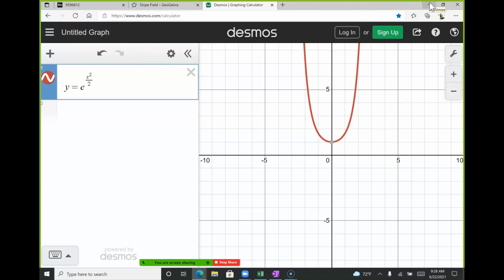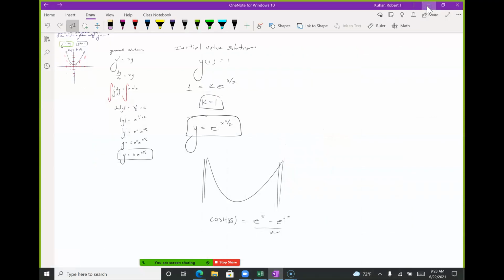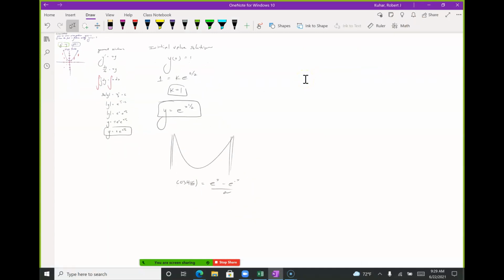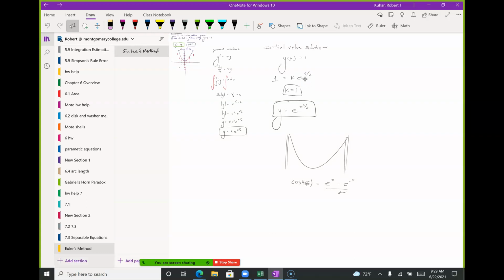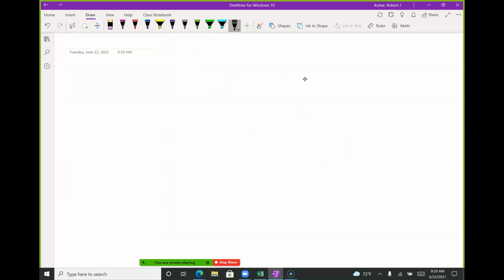Sometimes we can't solve these DiffEqs. Sometimes we can't solve integrals, but they still could be viable, right? So we're getting closer to Euler's method here. Our question is, if y of 0 is 1 and y equals e to the minus x squared over 2, find y of 1.